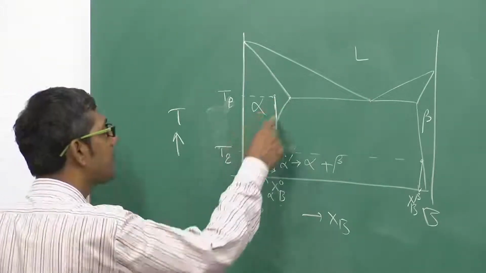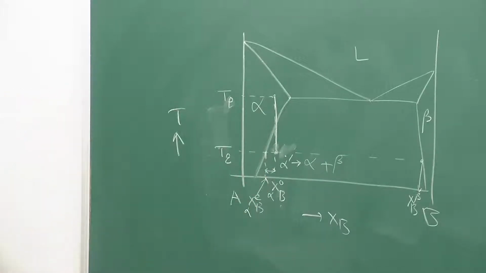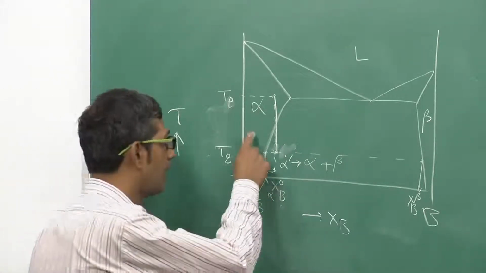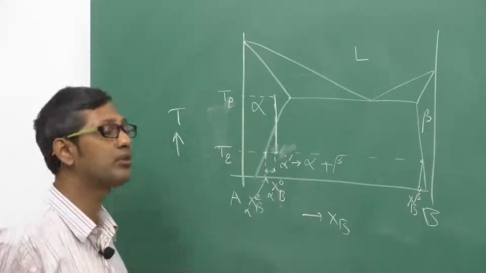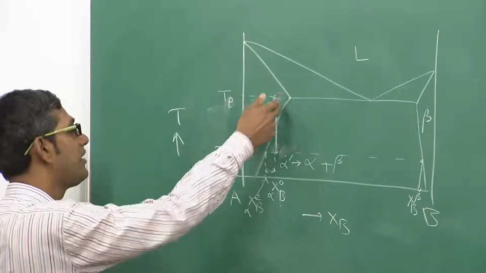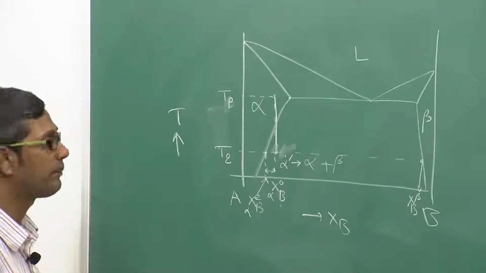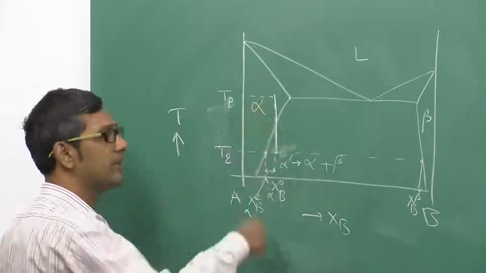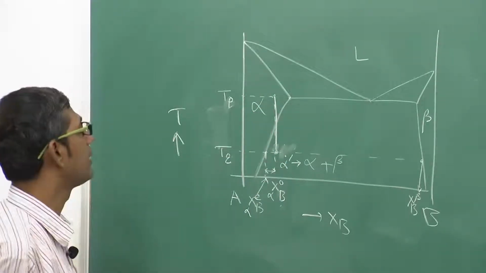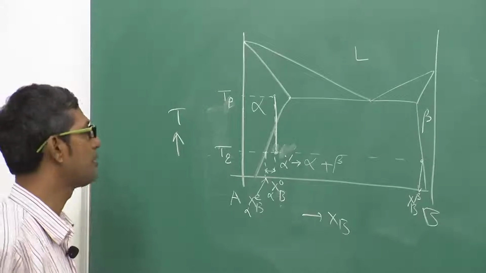Now we must have a phase diagram in which the solid solubility of B in the alpha phase changes quite drastically as a function of temperature, only then. If it changes very little, then precipitation hardening is not possible.